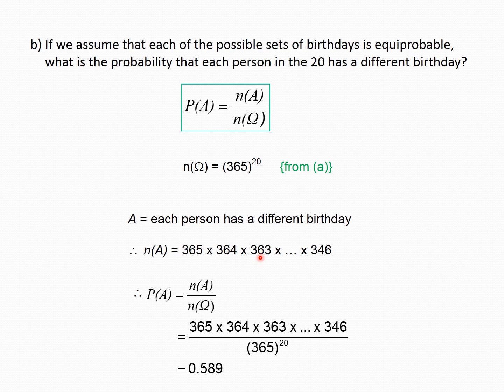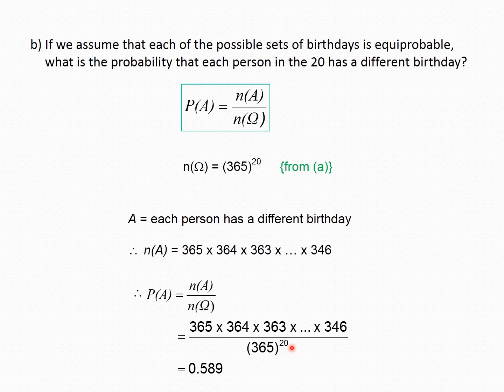Then the third person will have 363 possible days in which he can have his birthday, because it must be different from all the others. So every time you subtract 1, so up to the 20th person, which will have then 346 possible days in which he can have his birthday. Okay, and that will then be our number of outcomes in A.